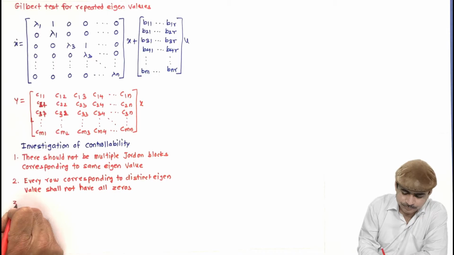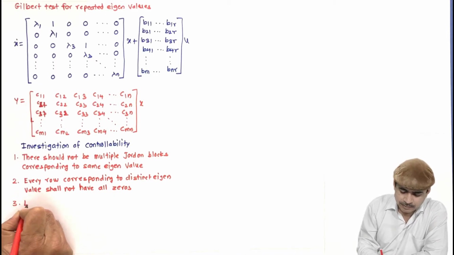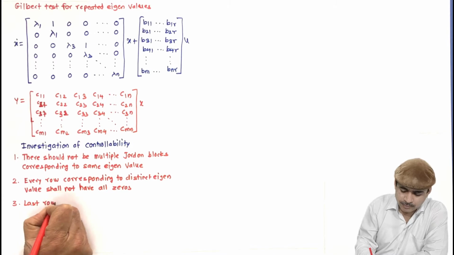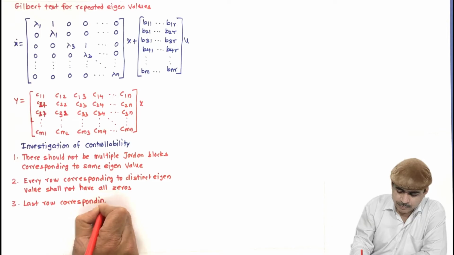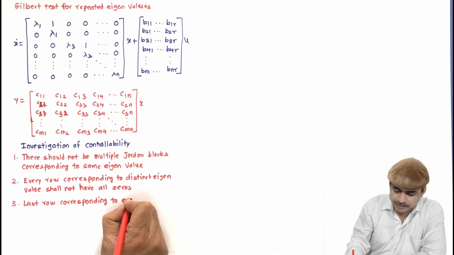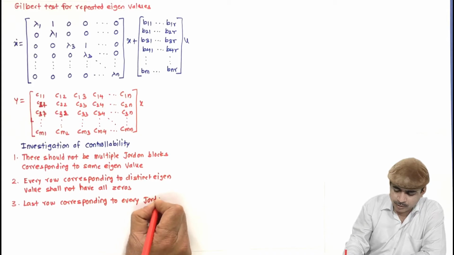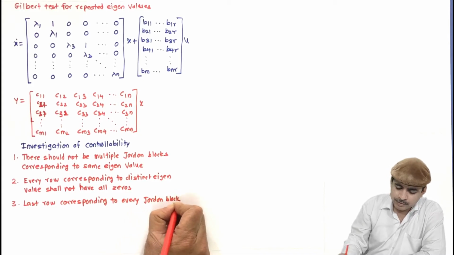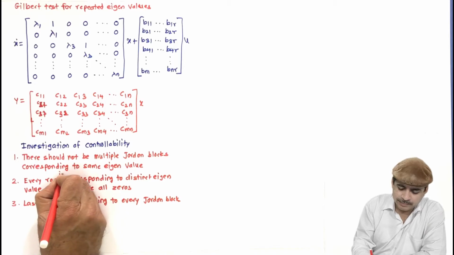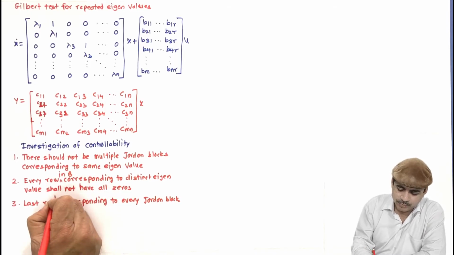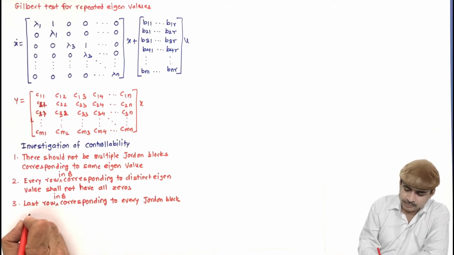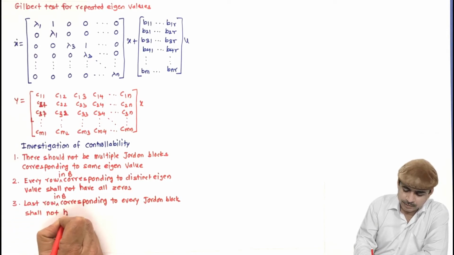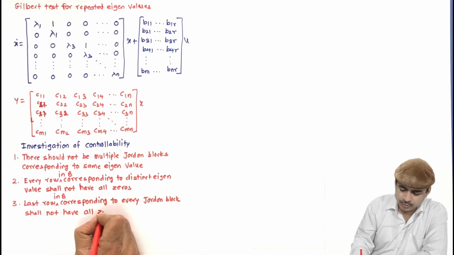And then the third, last row corresponding to every Jordan block. Every row in B, so here last row in B corresponding to every Jordan block shall not have all zeros.